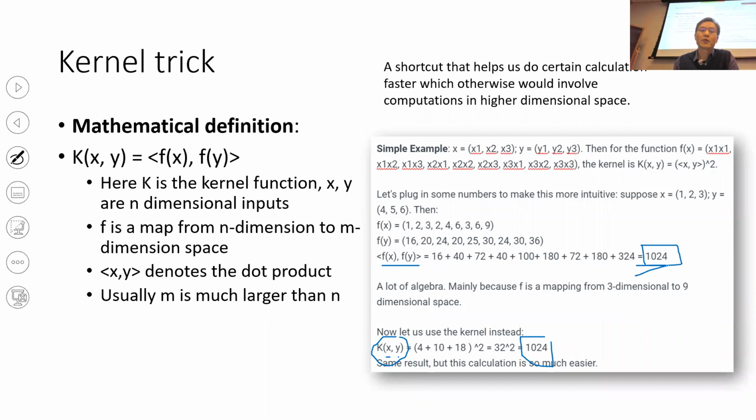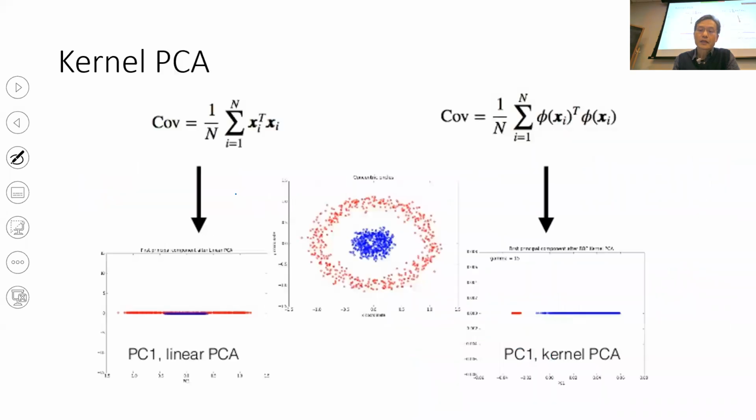If you play with this example, you will see that this is true, and that's why the kernel function gives you a cheap way to compute the dot product of data points in the transformed higher dimensional space. This is one example of why you want to use that, and why you want the dot product between points in the higher dimensional space.